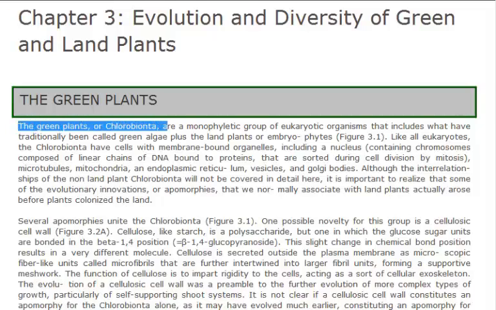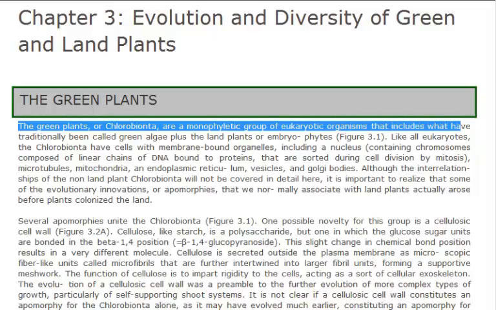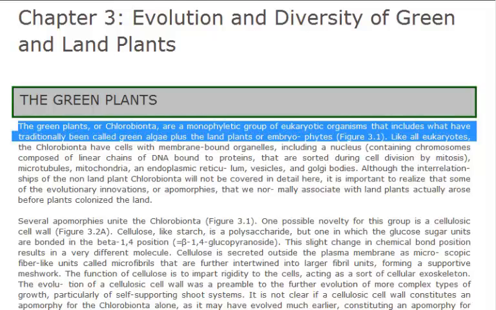The green plants, or Chlorobionta, are a monophyletic group of eukaryotic organisms that includes what have traditionally been called green algae, plus the land plants or embryophytes, Figure 3.1.